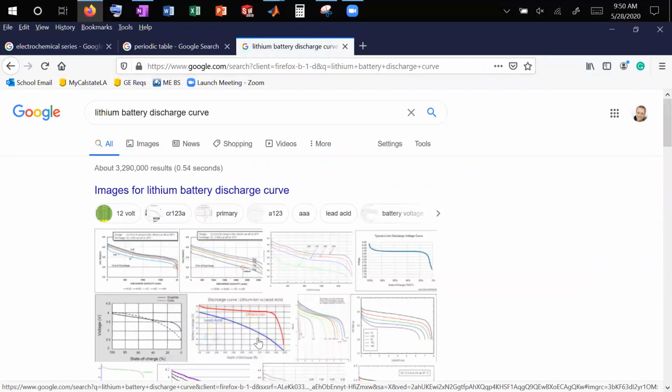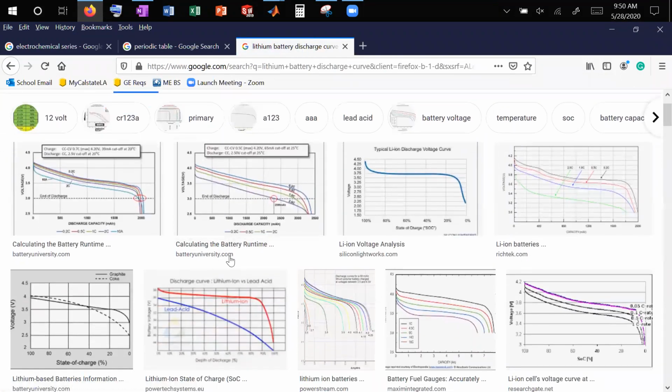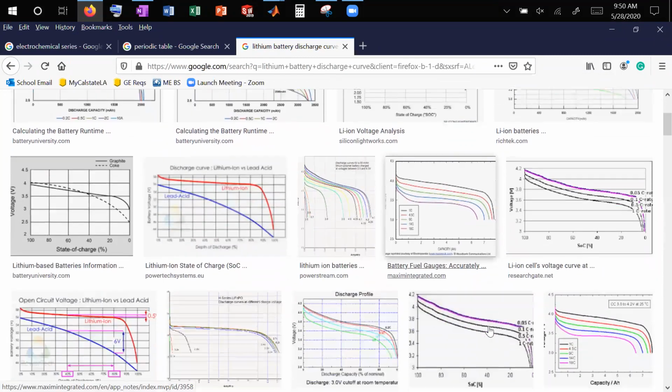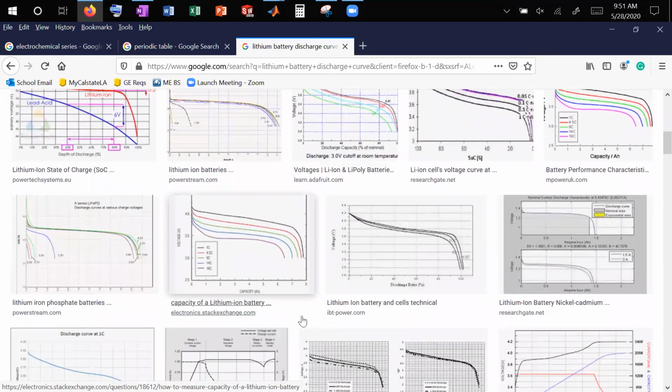Let's look at some different lithium battery discharge curves. You're going to have this behavior where you come around the equilibrium voltage and then it dies down. This is the typical behavior you're going to have, and there are some ways to make it flatter.